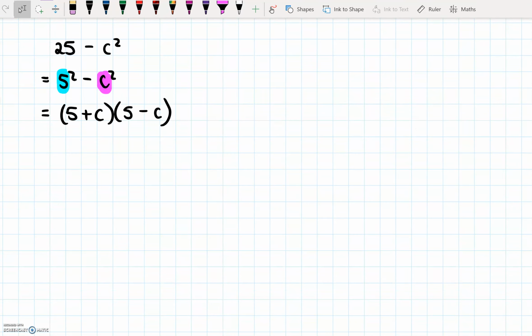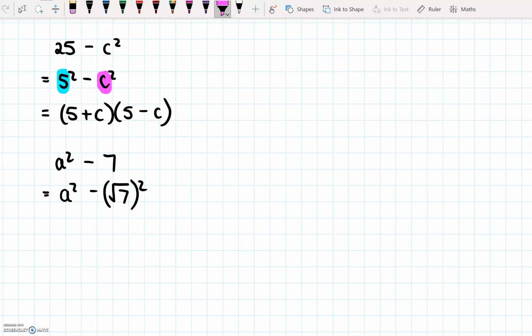Let's make one a little bit harder. Let's say a squared minus 7. Now 7 is not a square of something, is it? We can't write that as something squared, except we actually can. We did this earlier, in chapter 5 or 6. We have a squared minus, and 7 is the same as the square root of 7 squared.